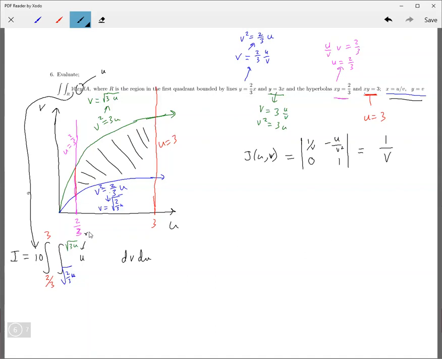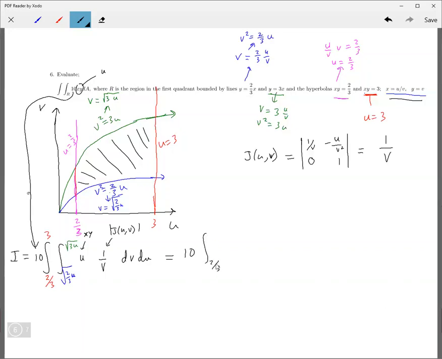So that's your xy from here. And then we have the absolute value of the Jacobian. I'm just putting it like that because we know that v is positive, so the absolute value is just going to be 1 over v. Great. So now we can go ahead and focus on integrating this.